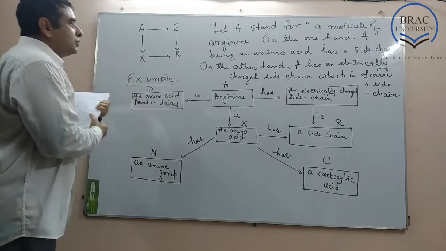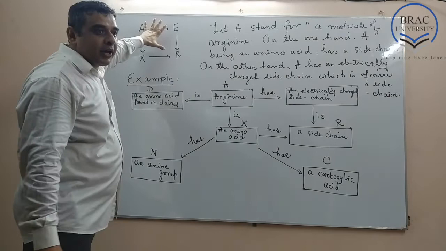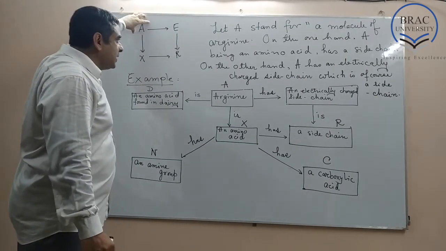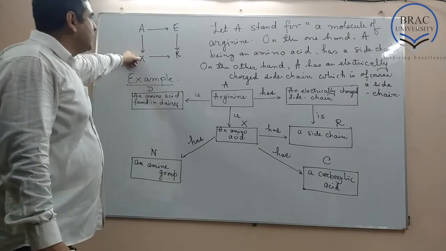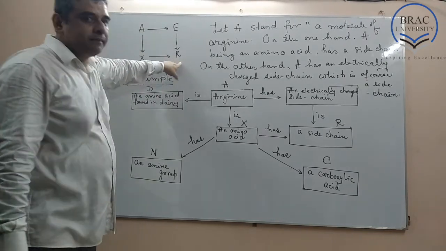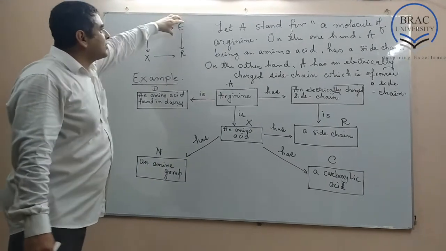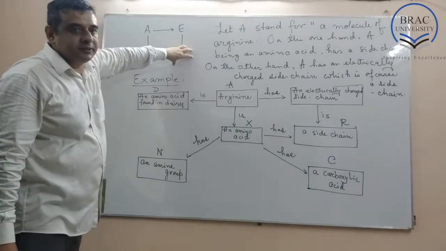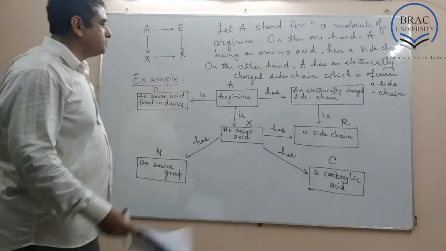Okay. So this is what we understand by this sub-diagram. An amino acid, and a molecule of arginine being an amino acid, has a side chain. This is the path from A to R. And arginine has an electrically charged side chain, which is in turn a side chain. This is the path from A to R again, a different path from A to R.